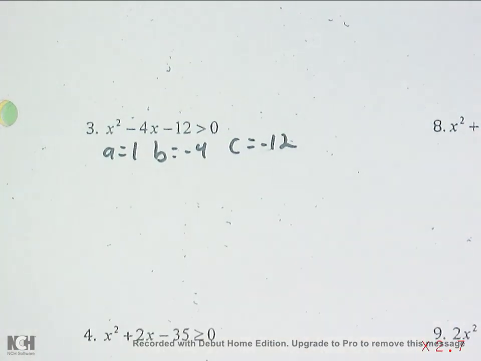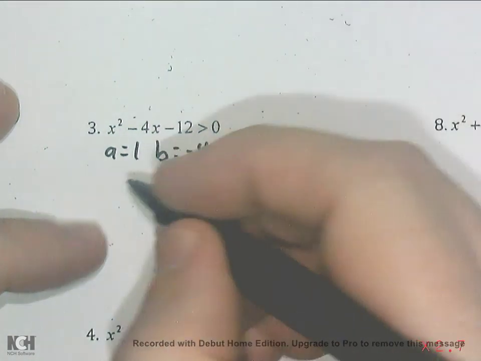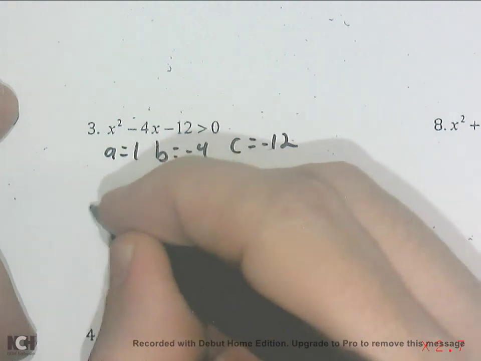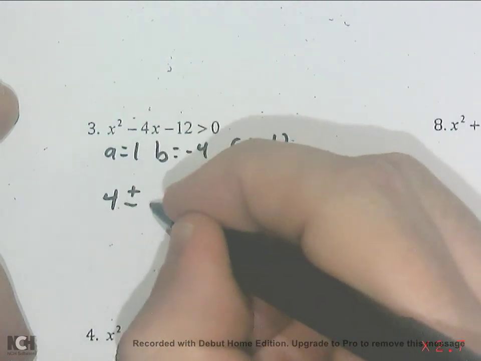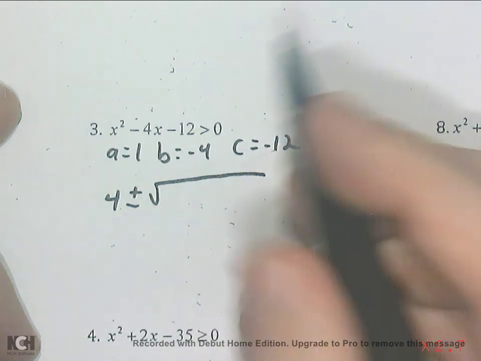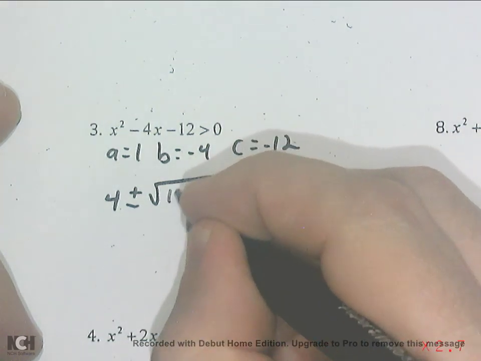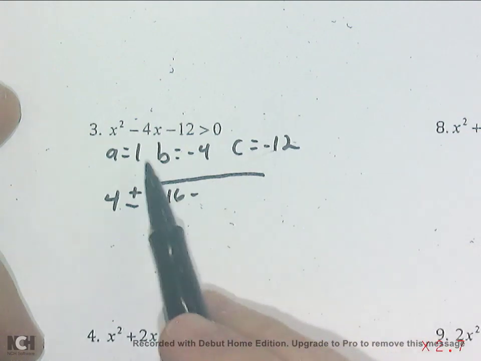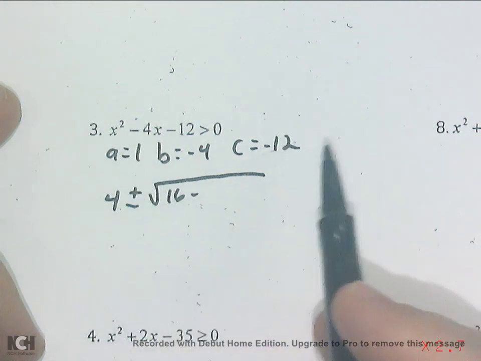So again, the quadratic formula is negative b plus or minus the square root of b squared minus 4ac all over 2a. So negative b would be 4, because negative 4 would be 4, plus or minus the square root of negative 4 squared, which is positive 16, minus 4 times a, which is 1, times negative 12.